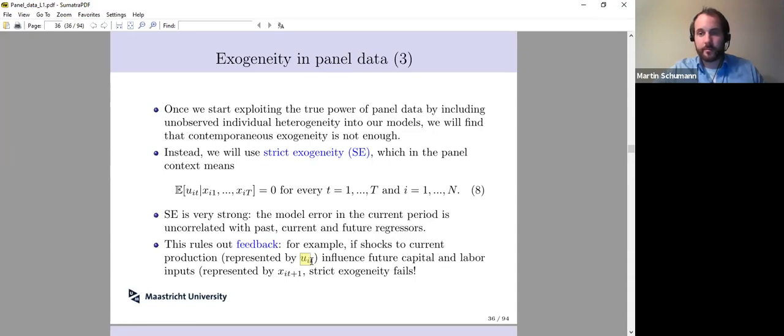So for instance, there's a macroeconomic shock that hits the production level y. And if this shock has any influence on future capital and labor inputs, which are represented by future x variables, then we have an example of feedback and strict exogeneity fails. So when you make this assumption with strict exogeneity, you have to think, is feedback important for your model?